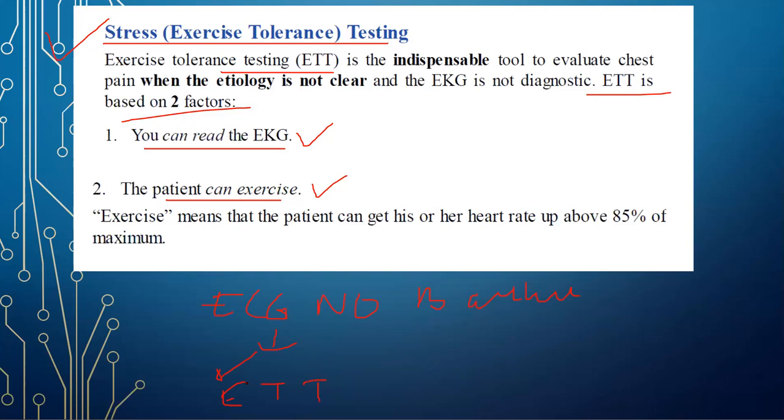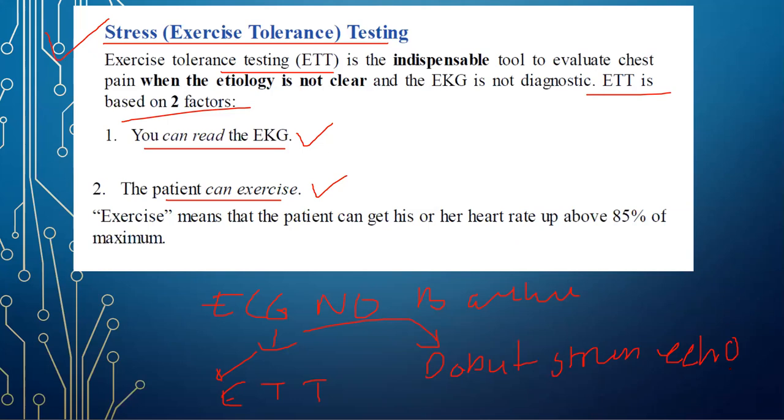What if this patient cannot exercise? What is the next thing you will choose? You cannot choose exercise tolerance test. So what can you choose? Yes, then you will choose dobutamine stress echocardiogram. So you are going to choose the dobutamine stress echo for this patient, or you can also do a dipyridamole thallium scan.